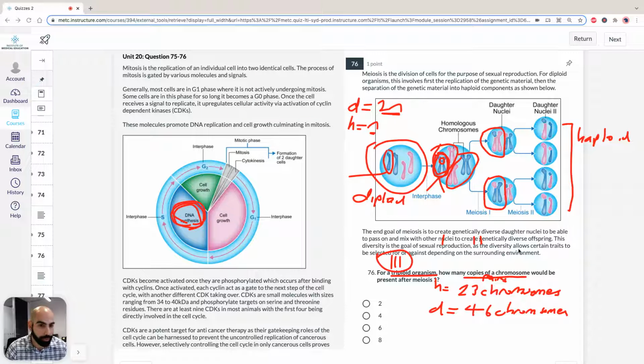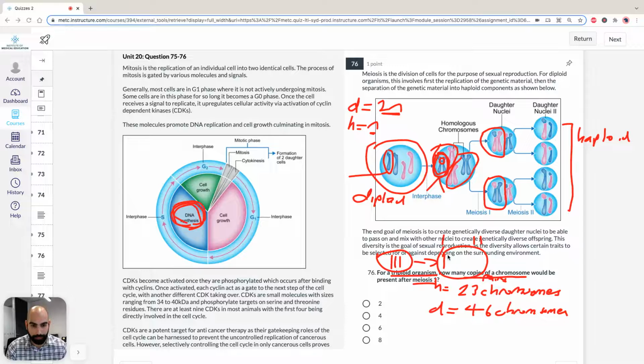Now for a triploid organism, it's not different because triploid organisms only have 1 extra chromosome. So it's not going to affect the number of copies of the genetic material present. So therefore, if you just draw it in here, let's just say 3 copies. What you're going to see is, they're asking as well after meiosis 1, it's literally just going to be, here's your chromosome of 1 chromatid, and they just have to obviously replicate.